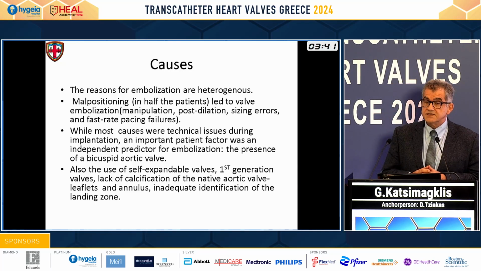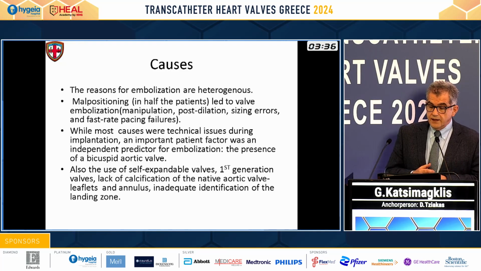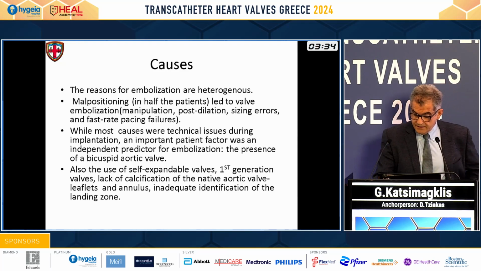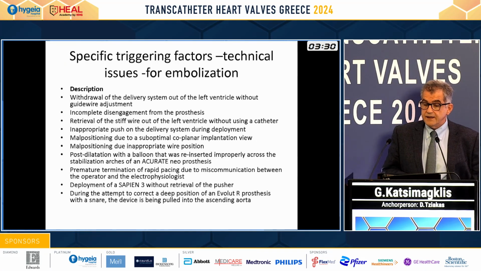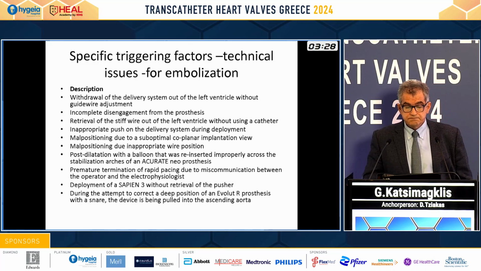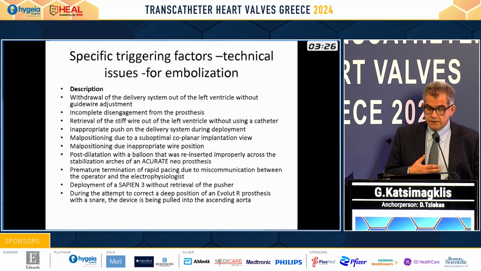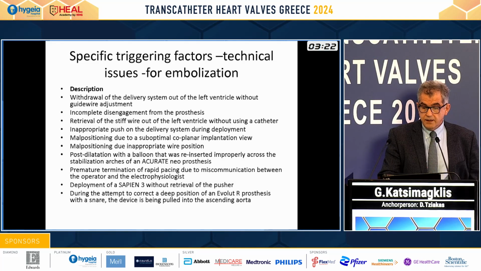Also, the use of self-expanding valves, lack of calcification of the native aortic valve, and inadequate identification of the landing zones. These are different technical issues. There is no time to mention all of them.